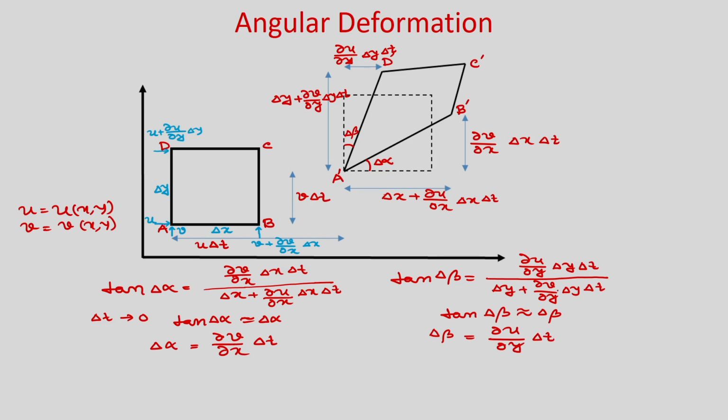So, this will be very small compared to delta y, then you can write del u by del y delta t. So, now you can see that we can represent this delta alpha, the change in the angle divided by the time, in terms of the velocity gradient. Similarly, delta beta by delta t we can represent in terms of velocity gradient as del u by del y.